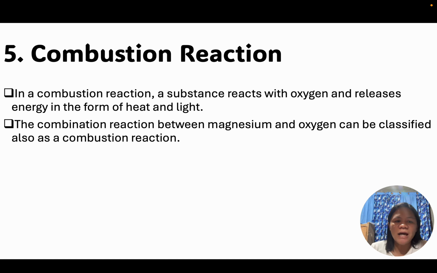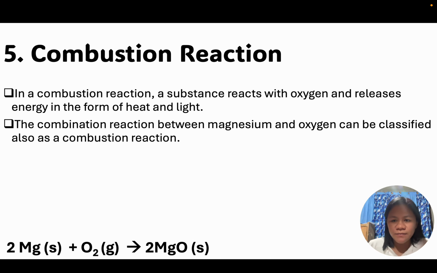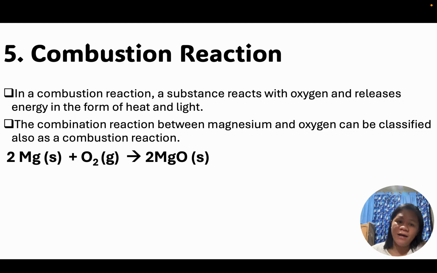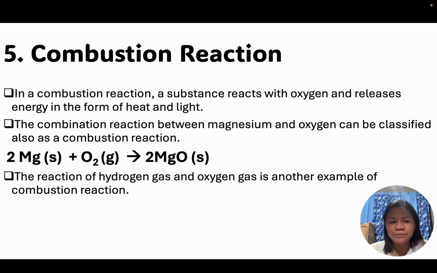So, the combination reaction between magnesium and oxygen can also be classified as combustion reaction. So, we have, yung example kanina, two magnesium molecules and O2 will result to two molecules of magnesium oxide.